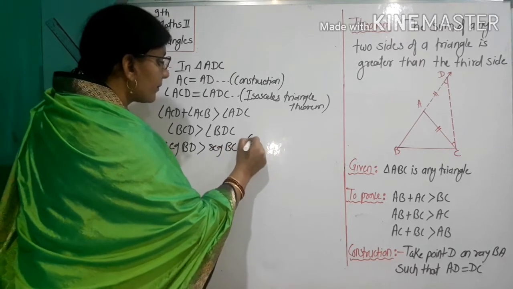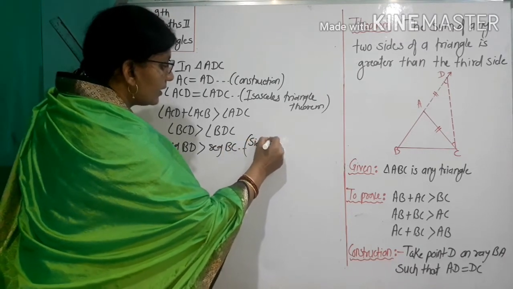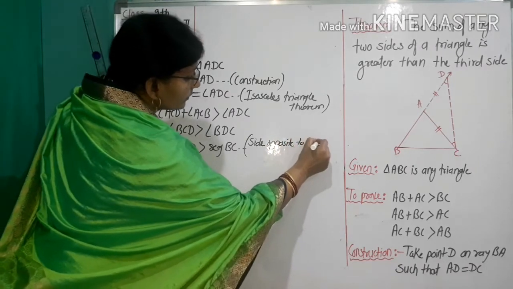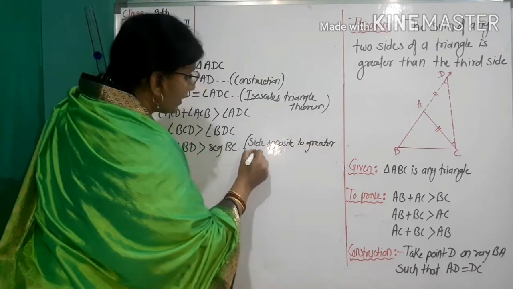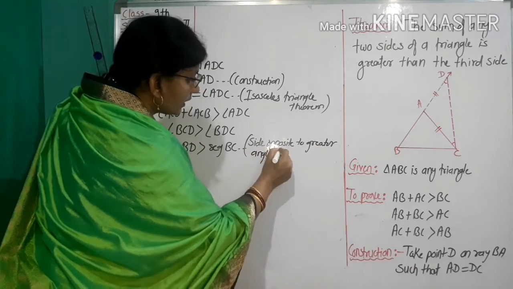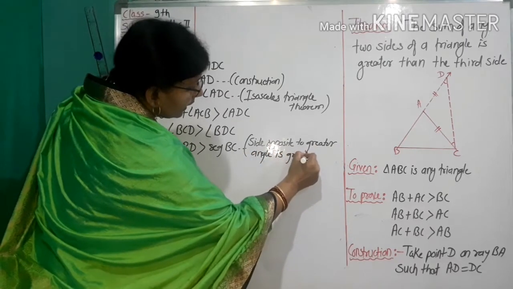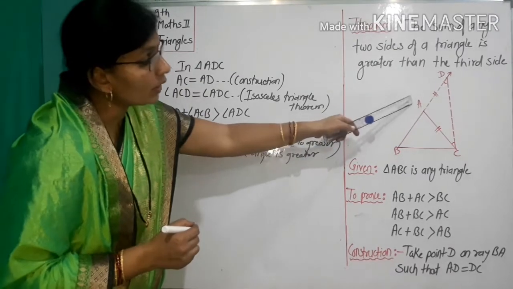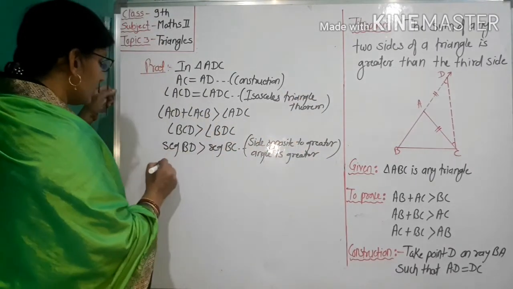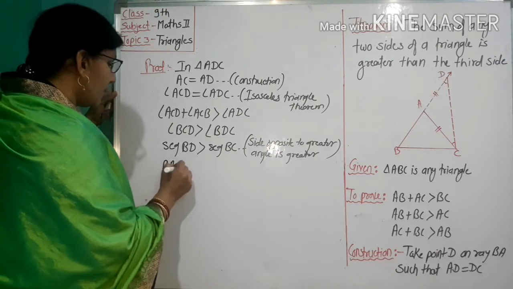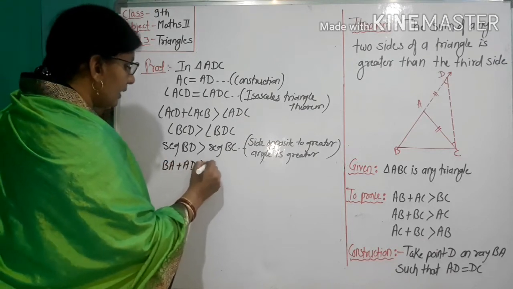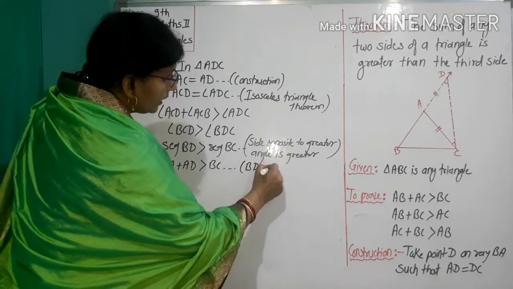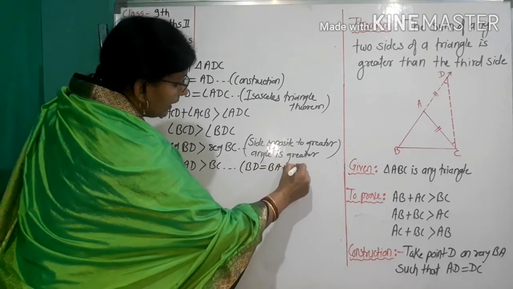Here, the side opposite to the greater angle is greater. But BD equals BA plus AD. So here BA plus AD is greater than BC, since BD equals BA plus AD.